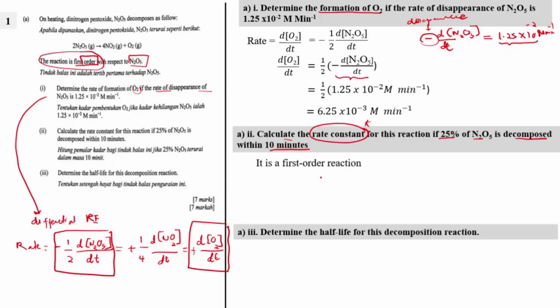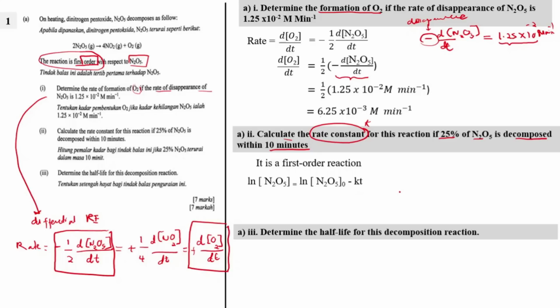So since we know that it is a first order reaction, we need to use the integrated rate equation: ln N2O5, which is our concentration of the reactant, equals ln N2O5 original or initial, minus KT. Okay, so this is the formula that you need to use.